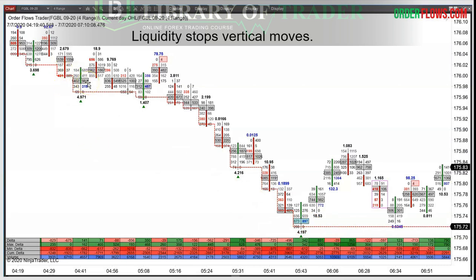NinjaTrader has one in the NinjaTrader 8 paid version, so if you have that, you can throw it on your screen. Sierra Chart also has one, and a lot of the other software out there is now implementing it as well. But look at areas where liquidity exists in the market, and that's what's going to stop a horizontal or vertical move. And oftentimes the market is going to go horizontal at an area where you've got liquidity.